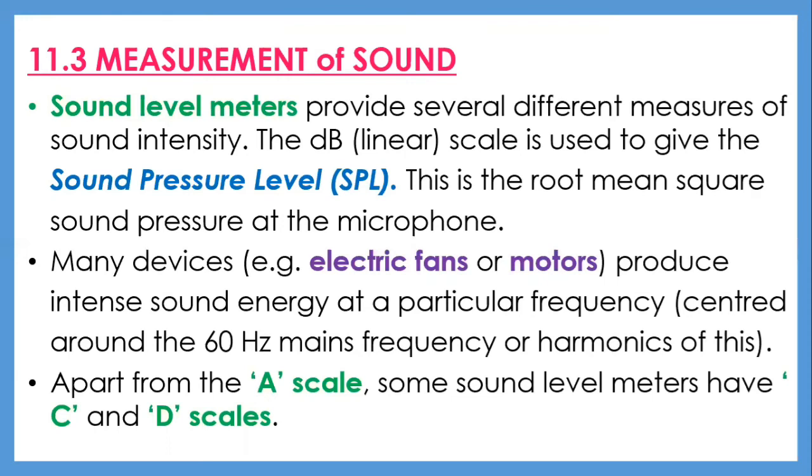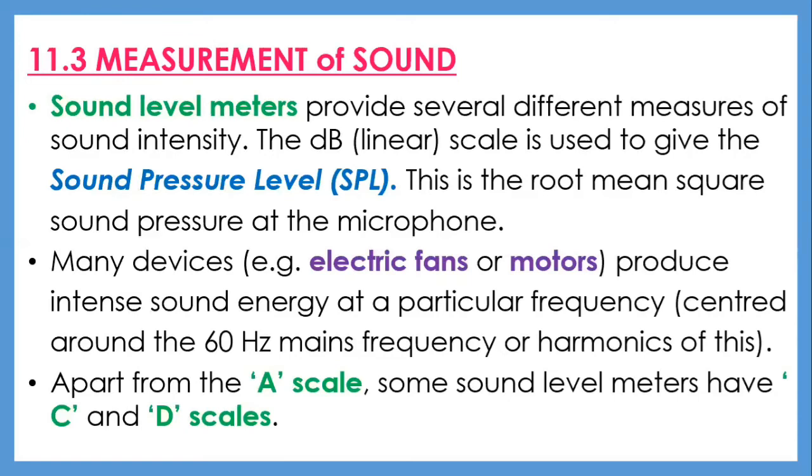And second, many devices such as electric fans or motors produce intense sound energy at a particular frequency, centered around the 60 Hz mains frequency or harmonics of this. Now, although the sound pressure levels might be high, the weighted sound level is 20 or more decibels lower, since the ear is not very sensitive to sound below 500 Hz.